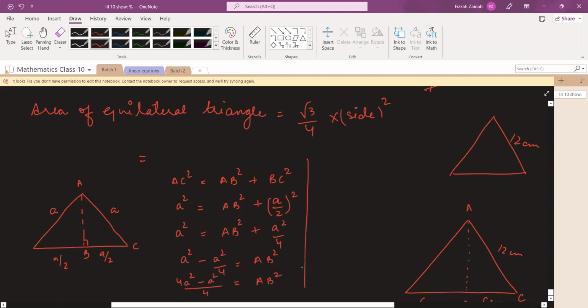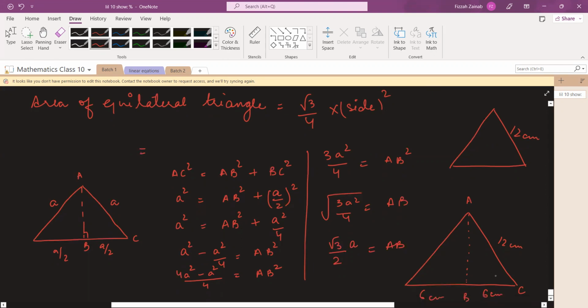So 3a square divided by 4 is your AB square. Then the square root of 3a square divided by 4 is your AB. So only root 3 remains, the denominator becomes 2, and this becomes only a. So this is the height, correct?